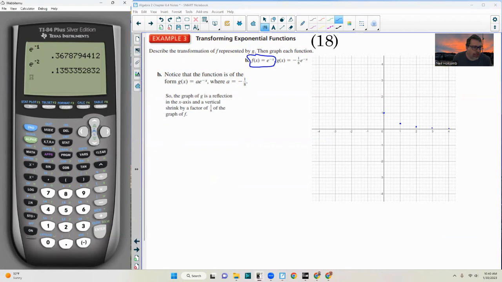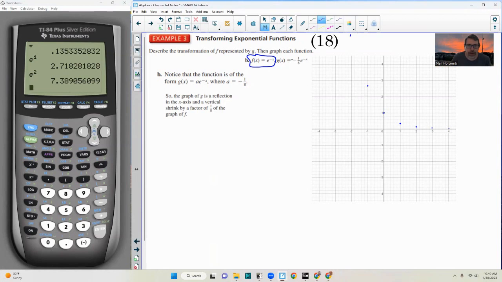Second e to the 1 is just e, or 2.718. So negative 1, 2.7 is about here. And then finally e squared: when you plug in a negative 2, the negative 2 is positive 2, so we get e squared, and that's 7.3. So then it's way up here, and it comes down real quickly like so.